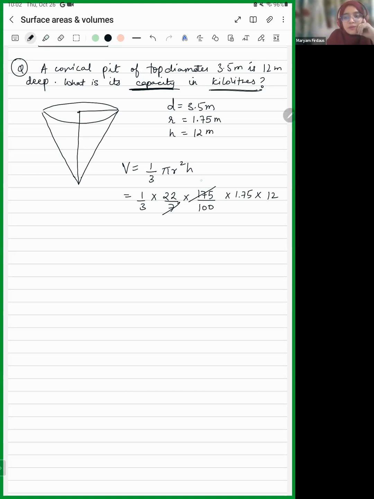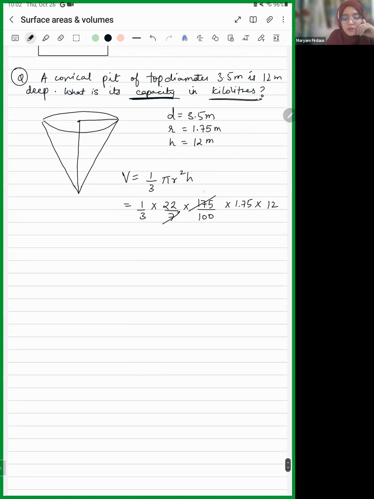0.25. Or over here it will become 25 if you don't do it like this. If you just cancel it like this, it will become 0.25. Good. Then 3 and 4: 3 4s are 12.